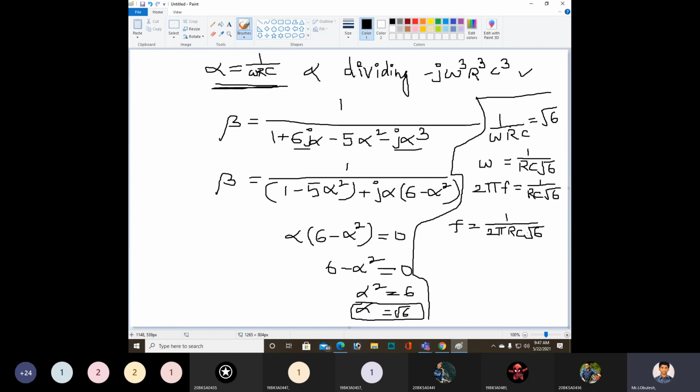So this is the frequency of oscillation of the RC phase shift oscillator.